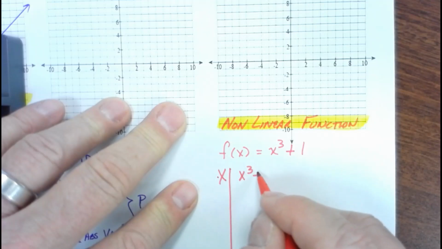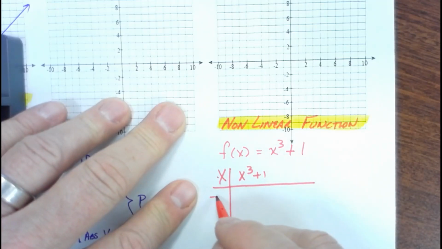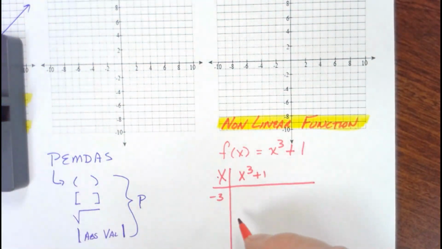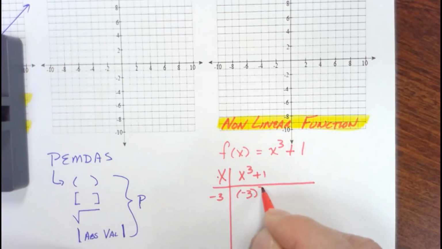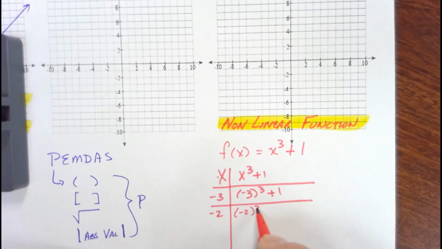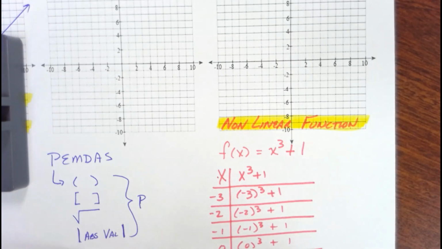My rule is x cubed plus 1: negative 3 cubed plus 1, negative 2 cubed plus 1, negative 1 cubed plus 1, 0 cubed plus 1, 1 cubed plus 1, 2 cubed plus 1, 3 cubed plus 1.